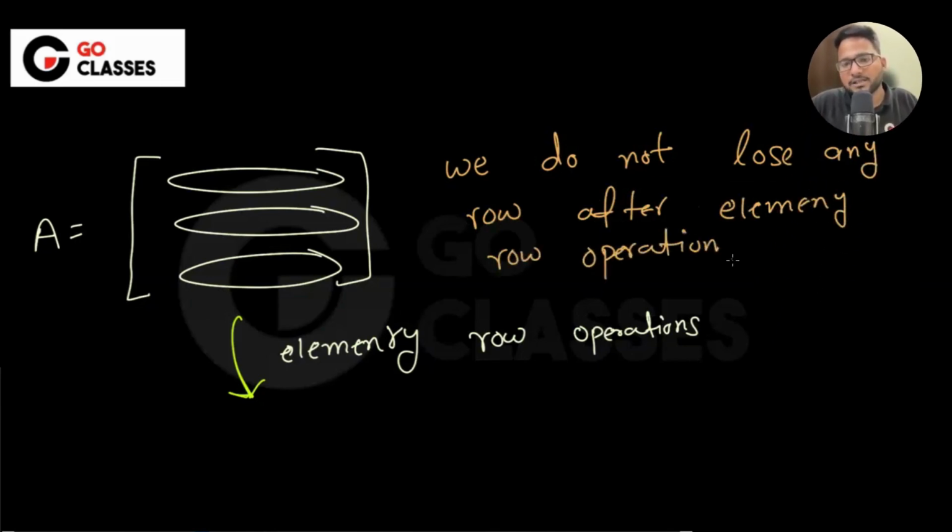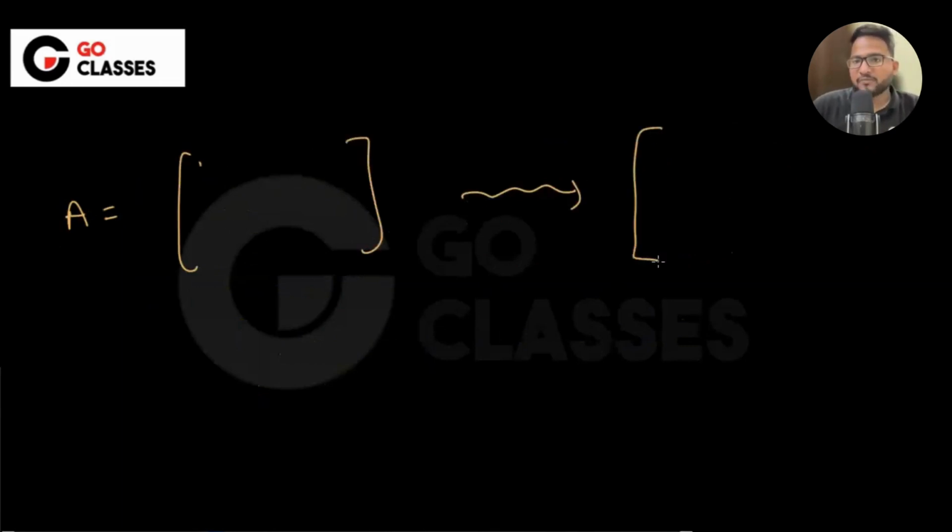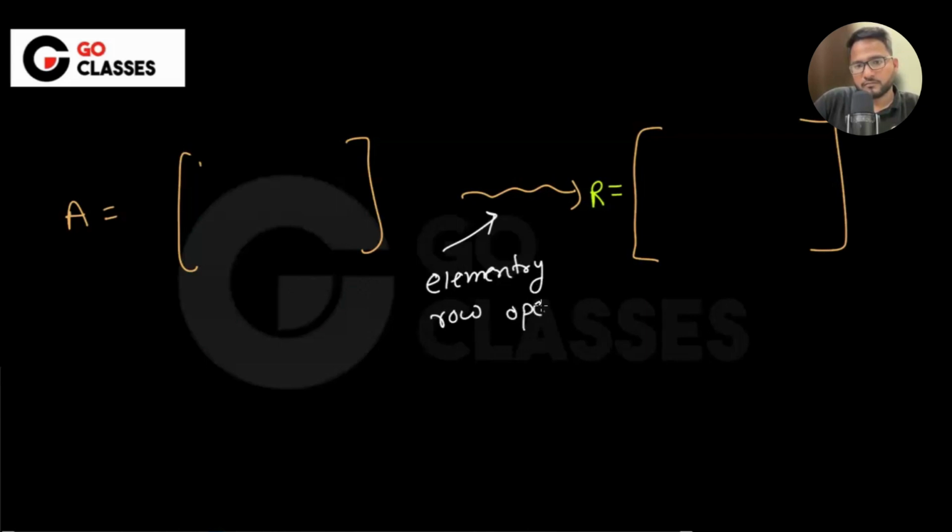In other words, let's suppose you have A, and then after elementary row operations you got some matrix, which is maybe R. Now you just tell me, can we get back A?